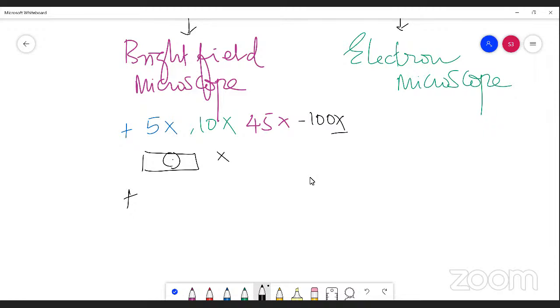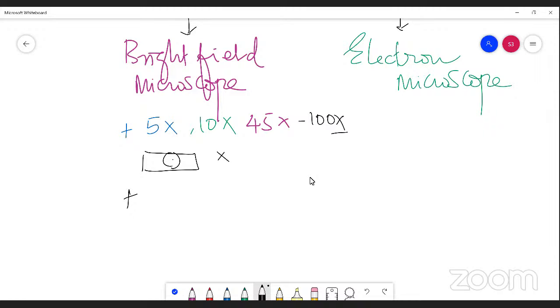Now here it can be used commonly and routinely, right? Sometimes if you want to see 5 times greater than that of an object, you can use a 5x. Or if you want to increase the size of the object when we place it under the microscope, you can use a 10x.